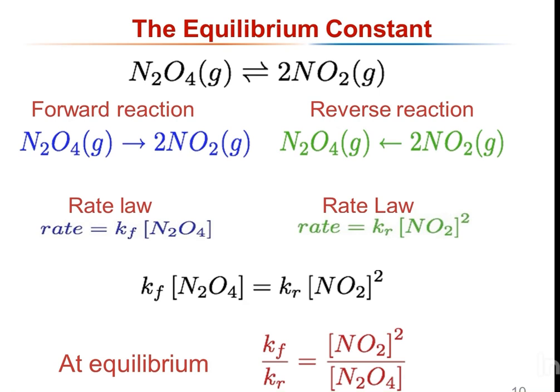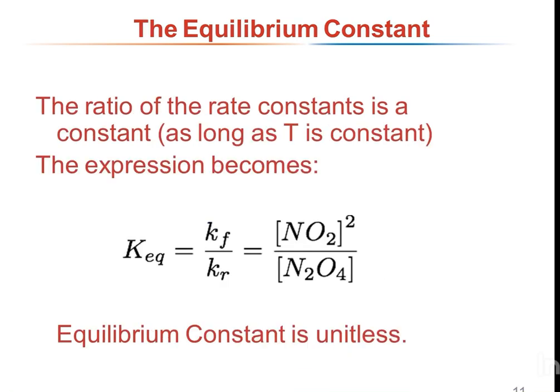And when equilibrium happens, these two are equal, and we can write it as K equilibrium, which is the product raised to its power divided by the reactant raised to its power.